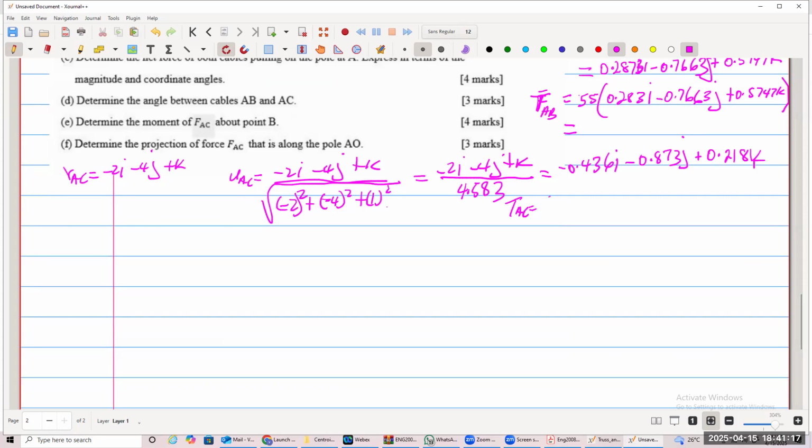It's going to be the scalar value of T_AC times the unit vector. So this is 40 times that value there. And that gives you all the marks that you want. Straight go, you don't have to think twice.